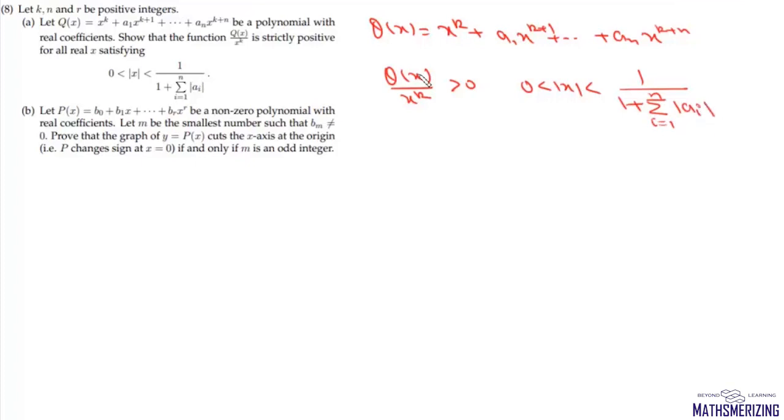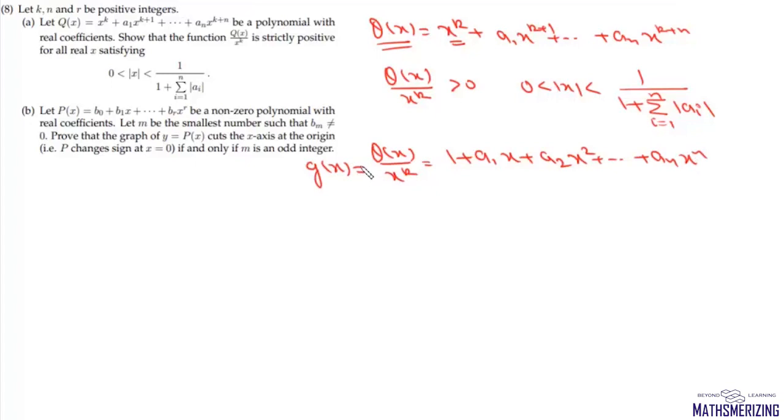Now we look at this q(x) upon x to the power k, we can write this as 1 plus a1x plus a2x square plus up to an x to the power n, and let us say this is some function g(x).